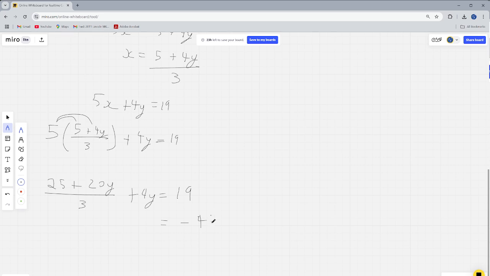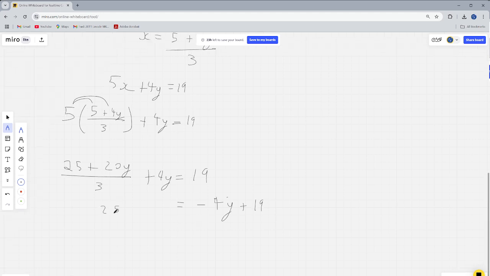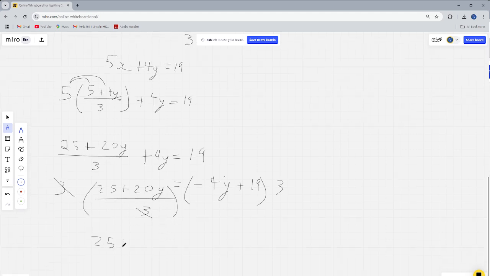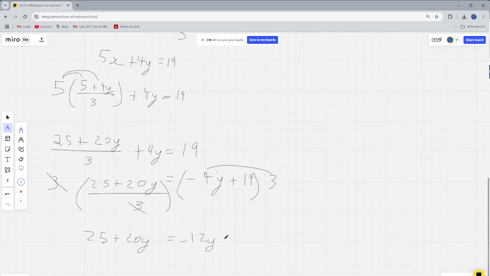Have it negative 4y plus 19 is equal to (25 plus 20y) divided by 3. Multiply both sides by 3. We can cross this out, and we have 25 plus 20y is equal to 3 times negative 4y, which is negative 12y. 3 times 19 is 60 minus 3, so 57.